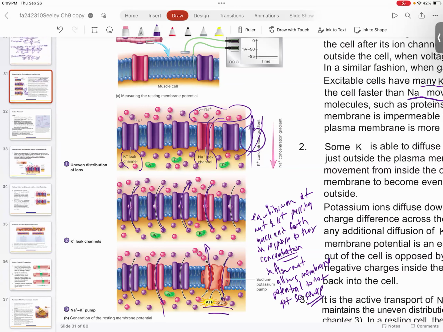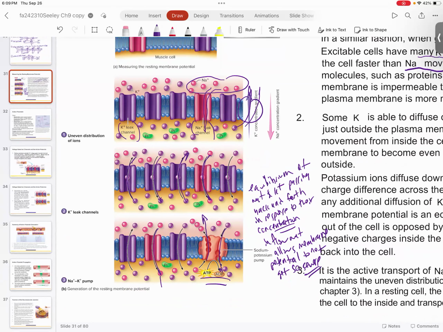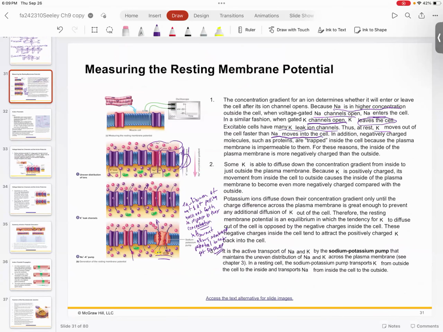Okay, so what is the moral of that story? Your sodium potassium pump is building a charge separation on the outside of your membrane. Sodium is building up and building up and building up. However, you have leak channels for potassium and for sodium.